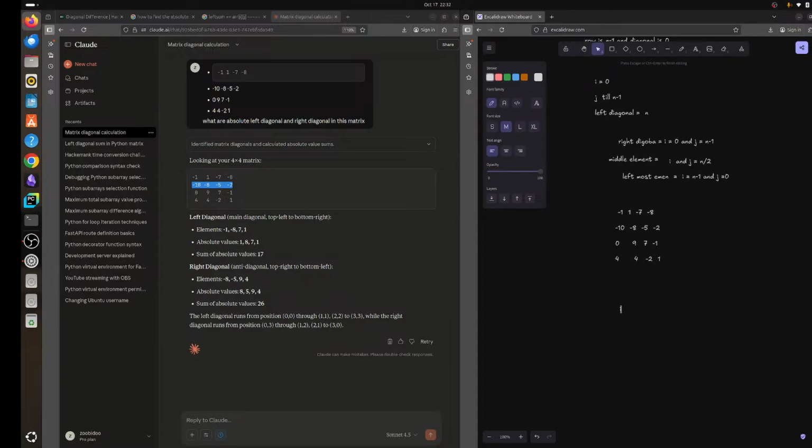See, for the right diagonal, i equals to j, right? But for the other diagonal, we have a formula like 0, 3, right? 0, 3, 0, 1, 2, then 2, 2, then 3, I think 3, 0, right? 3, this is how much?